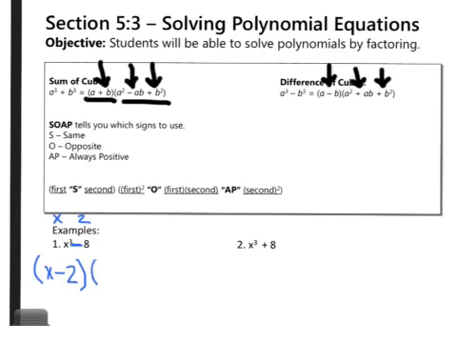Then we take the first value squared, opposite sign, your first times your second, 2 times x is 2x, always positive, second term squared, 2 squared is 4.